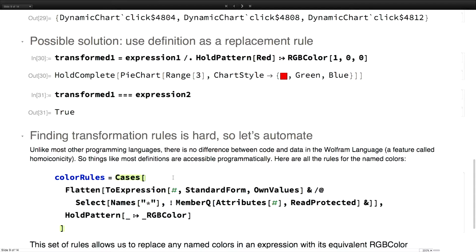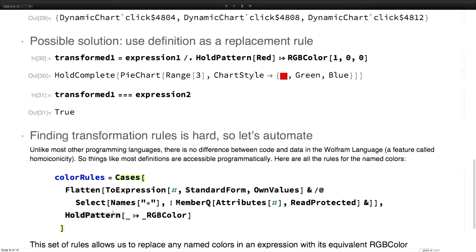So one of the things to make this easier is to automate as much as possible. Discover these rules without having to manually figure out all these different things. Like, you don't have to look for all the colors. You just get the list of all the names. You make sure they're not read protected, because otherwise you're not going to be able to look at the definition anyway, and it's going to throw errors at you.